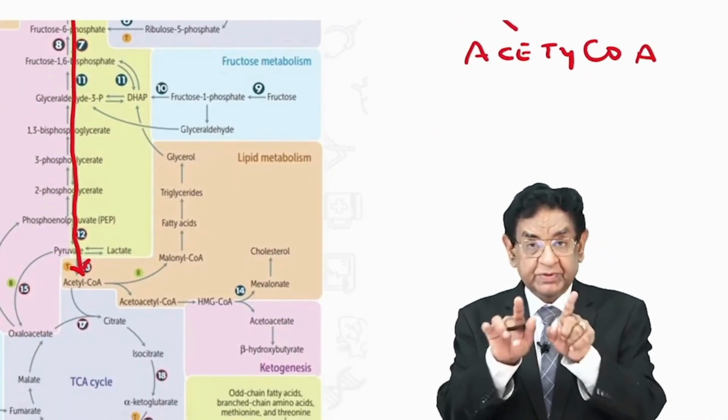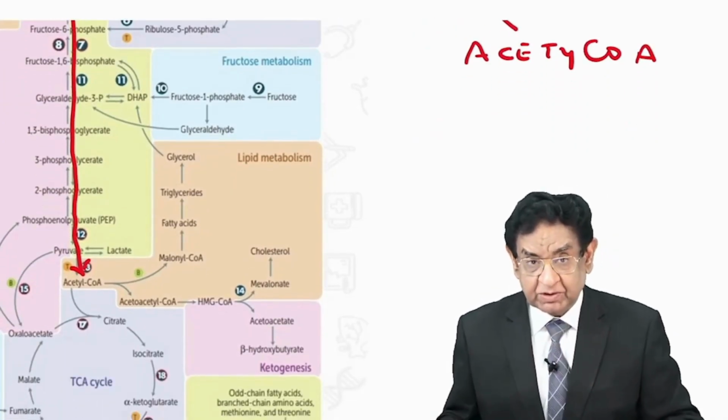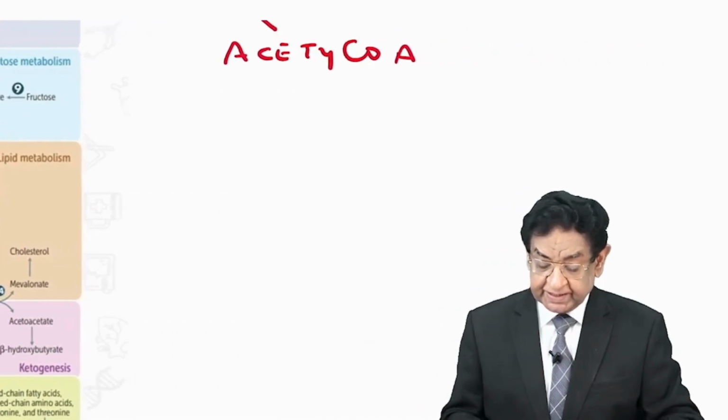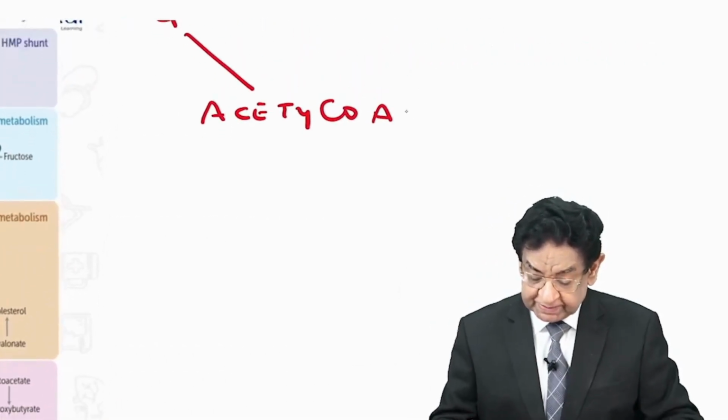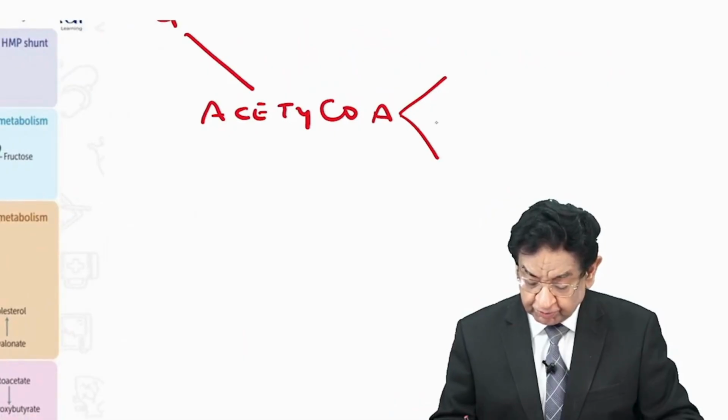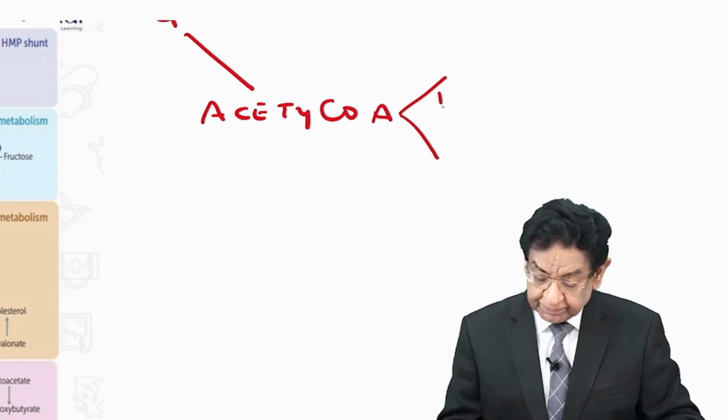Once it becomes acetyl coenzyme A, it can go into two pathways. That means it has got two routes to follow. Route number 1, route number 2.